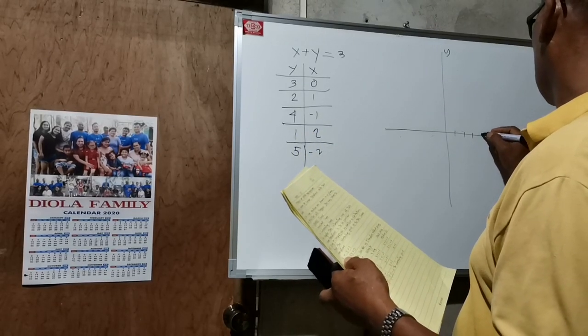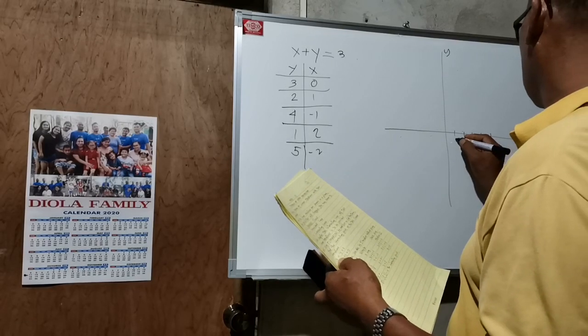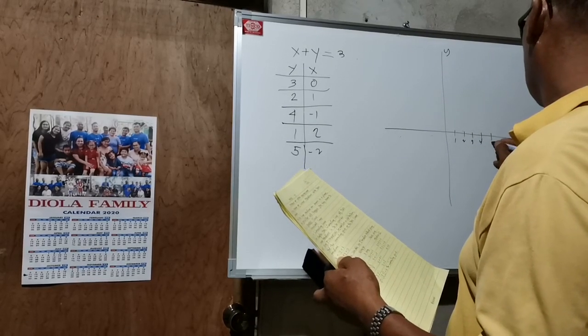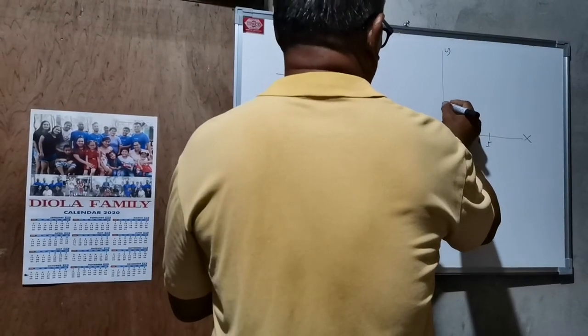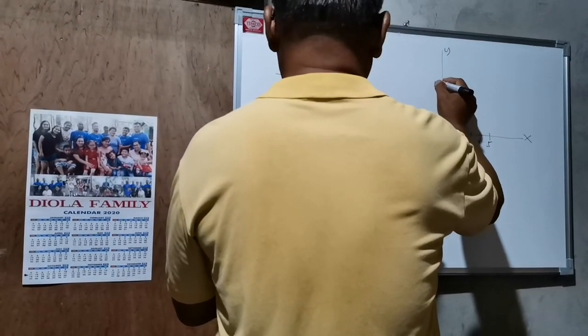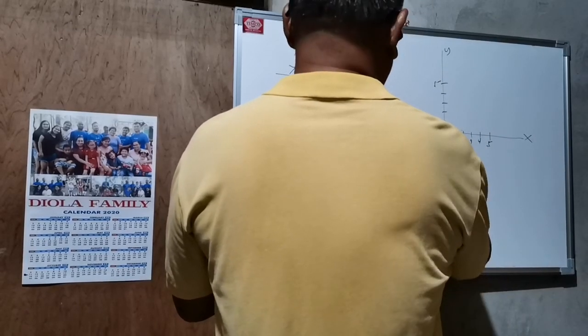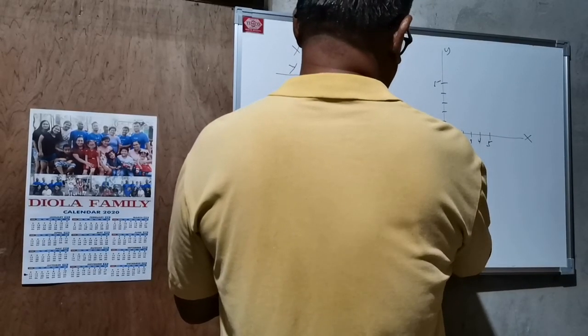2, 3, 4, 5. 1, 2, 3, 4, 5. Negative 1, negative 2, negative 3.